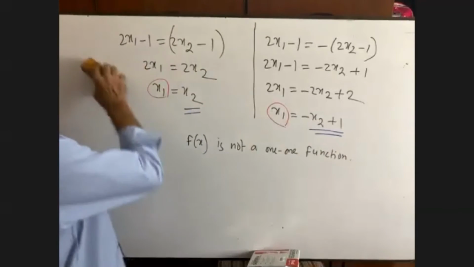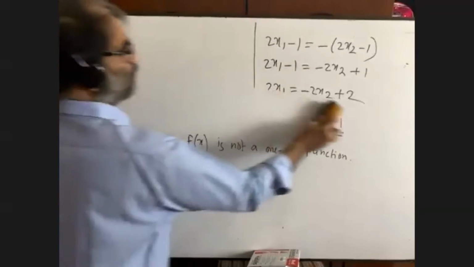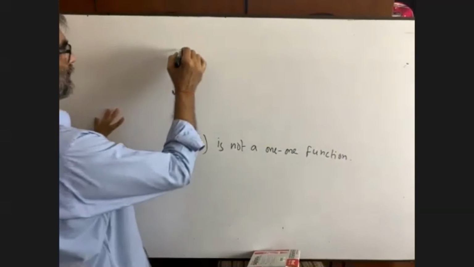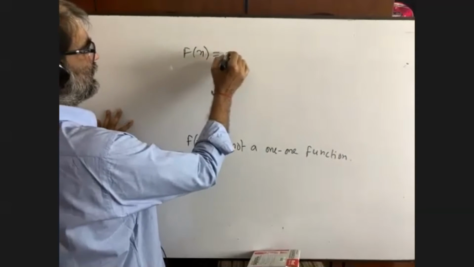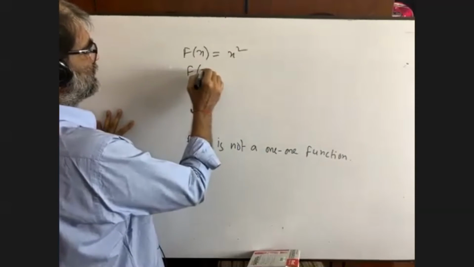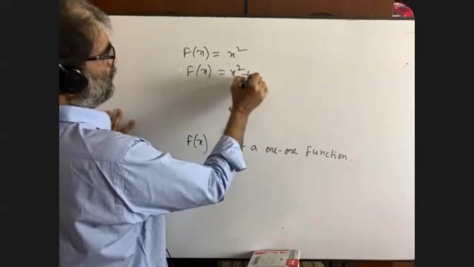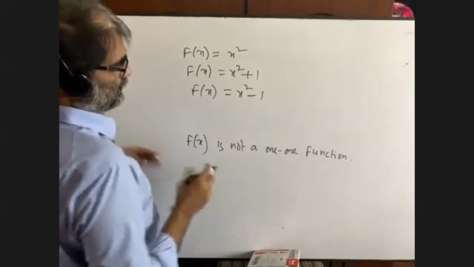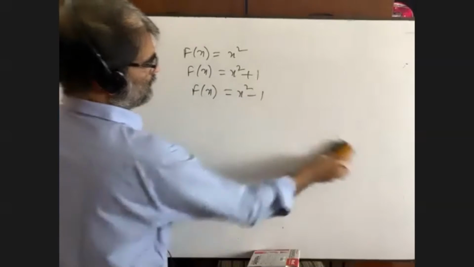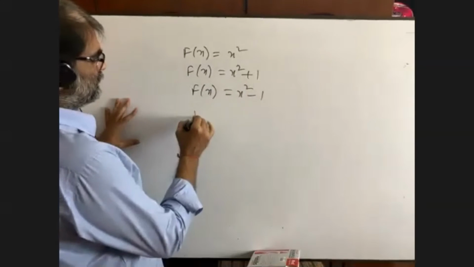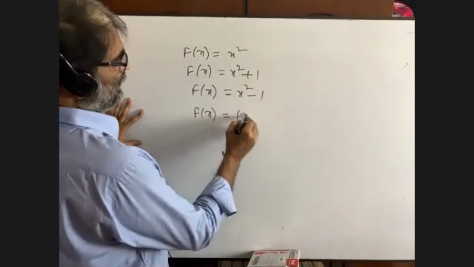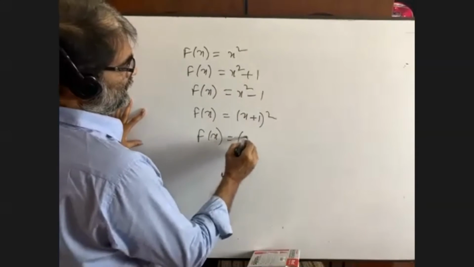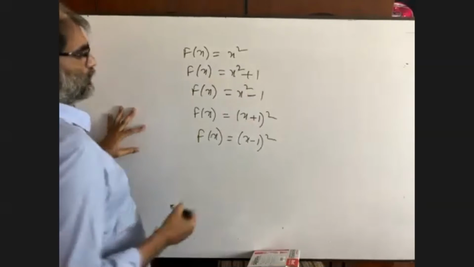So we have come to conclude the maths of one-one functions. That is, we have come to know that if the function is given like f(x) = x², f(x) = x² + 1, or f(x) = x² - 1, this type of math, then f(x) = (x + 1)², or f(x) = (x - 1)², these are not one-one functions, okay?